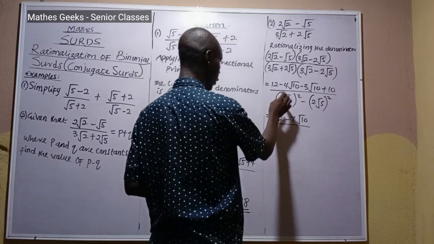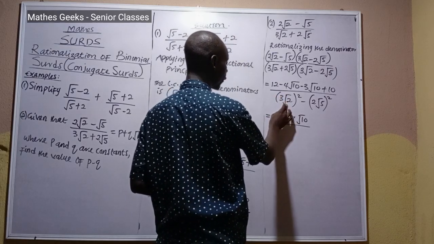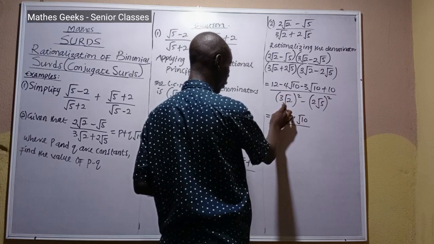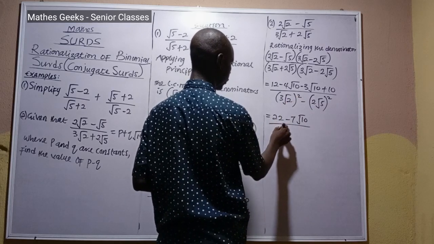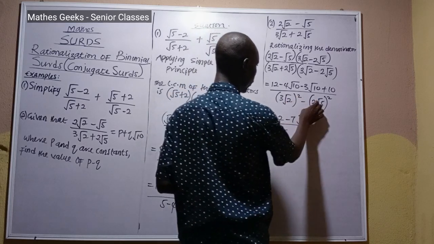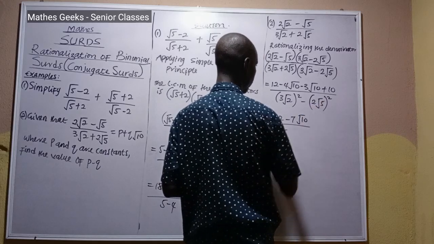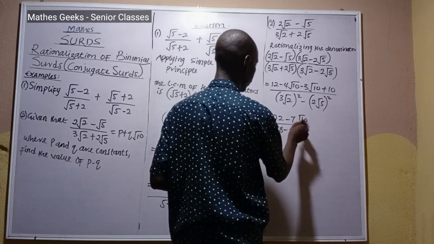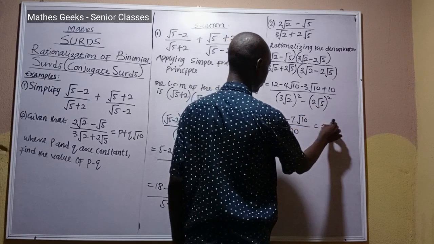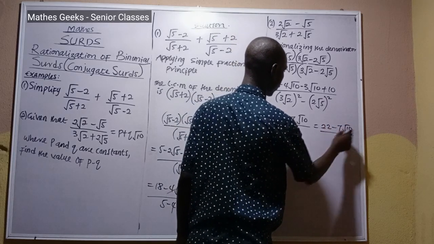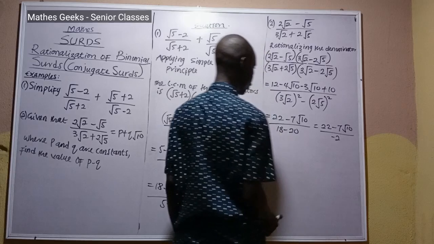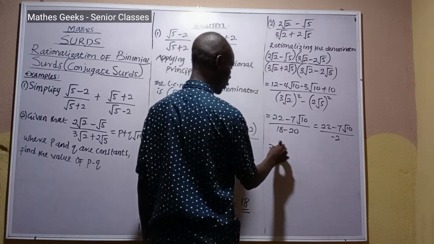The square of 3 is 9, and root 2 squared is 2. 2 times 9 is 18. The square of 2 is 4, root 5 squared is 5, 5 times 4 is 20. So 22 minus 7 root 10 over minus 2.